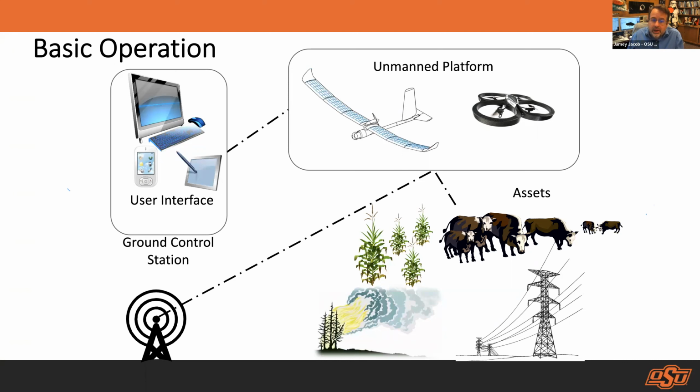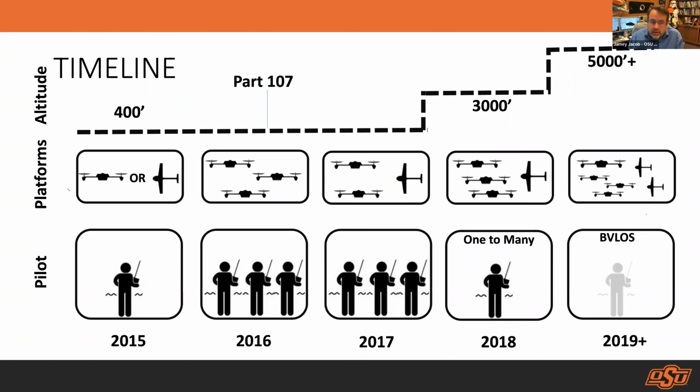Now, over time, the FAA has started to open up the airspace. 7 years ago, we were still very limited in how we could use these UAS, and we had to go through what was called certificates of authorization in order to be able to perform flights. In 2016, the FAA opened up what's called Part 107. So under the FAA's CFR, that allows you to become a UAV pilot, getting a Part 107 pilot's license.